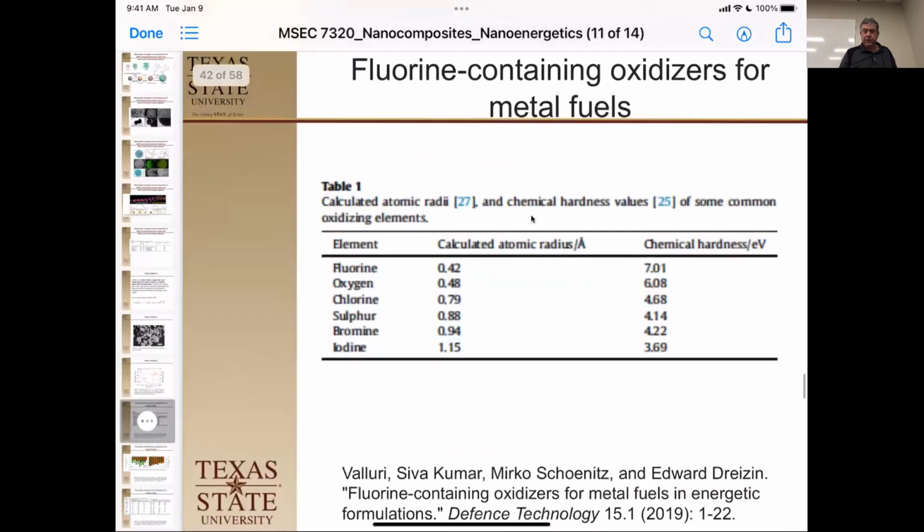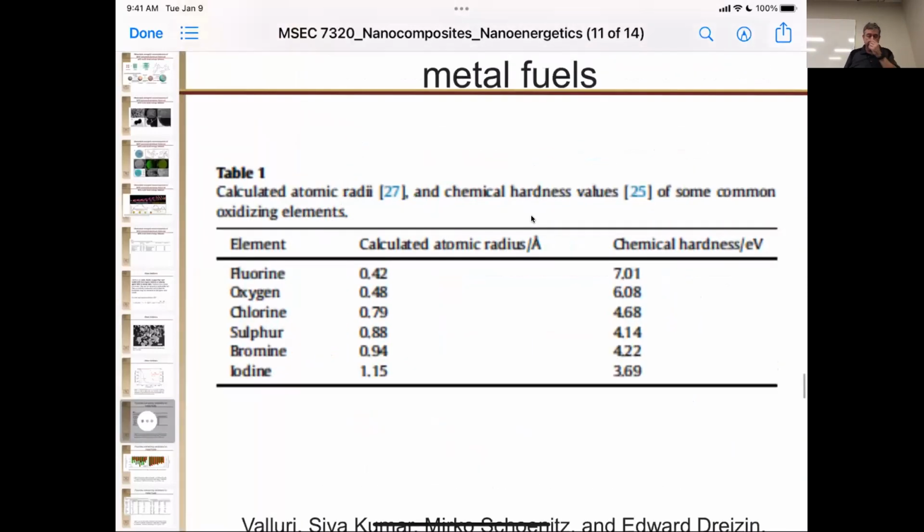Okay. So why should we look at this? Well, if we look at fluorine, oxygen, chlorine, sulfur, bromine, and iodine, all of these can be used as oxidizers. You can even make metal sulfides and other things like that. And what we see here is as you go up in size, the chemical hardness or the susceptibility goes down.